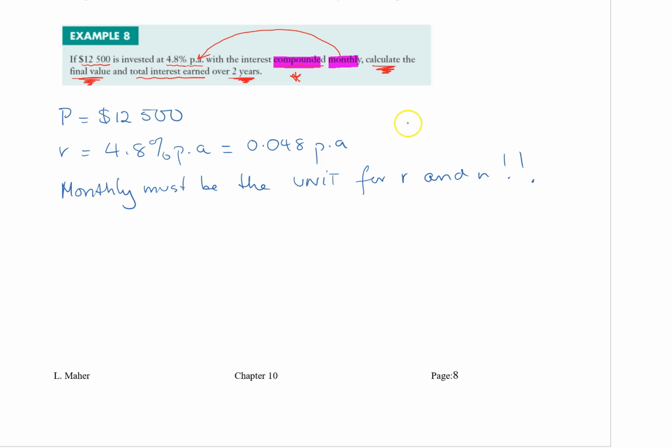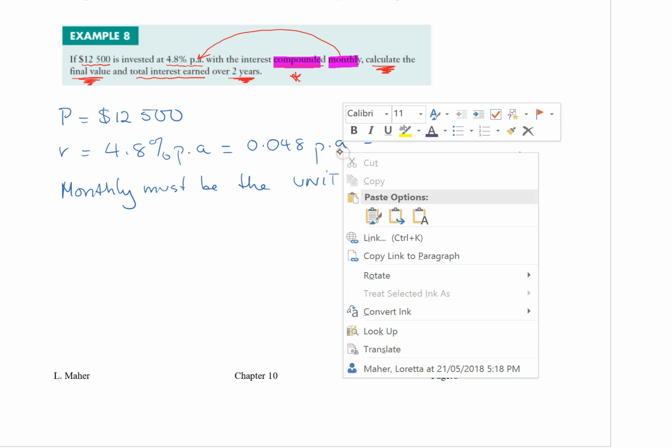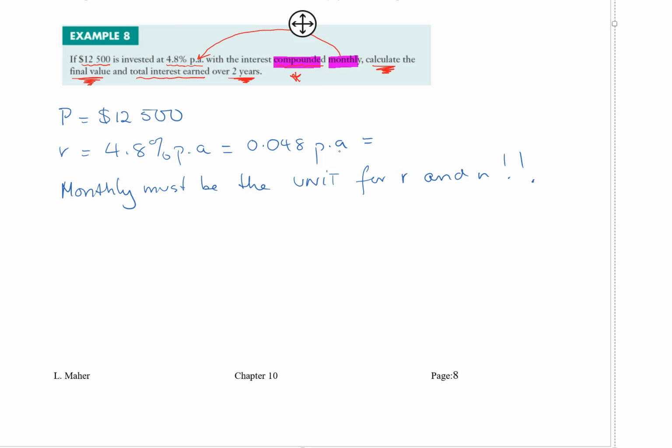Well, that has an impact on the rate. Now, if this is the rate for the whole year, you probably know a month is 1/12. So we need that rate to be divided by 12, and then it will be per month.